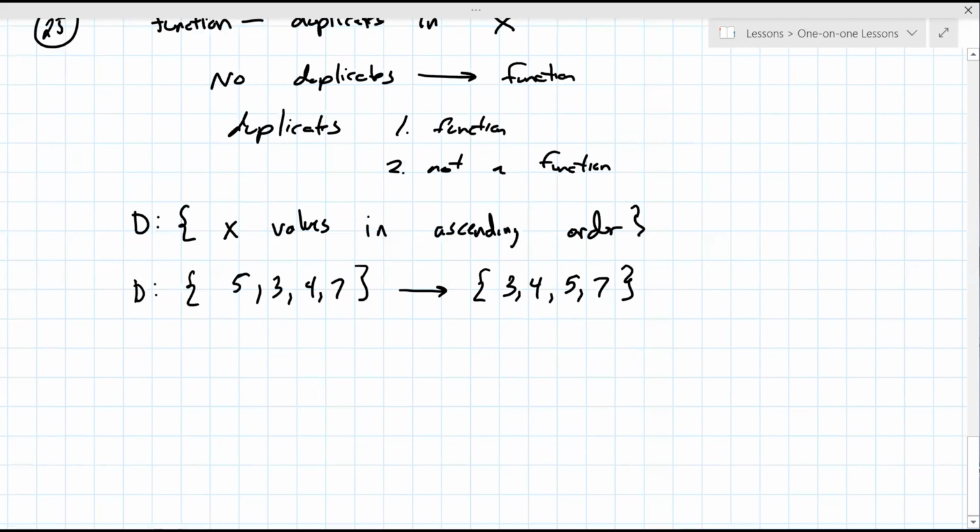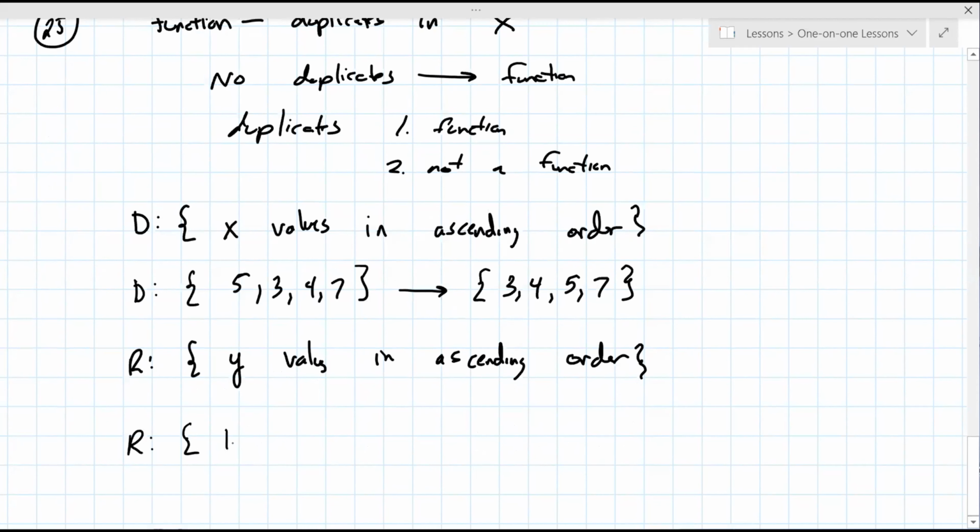Your range is the y values in ascending order. They don't have to line up. You don't have to put 1 in the same position as 5. You just have to put them in ascending order.